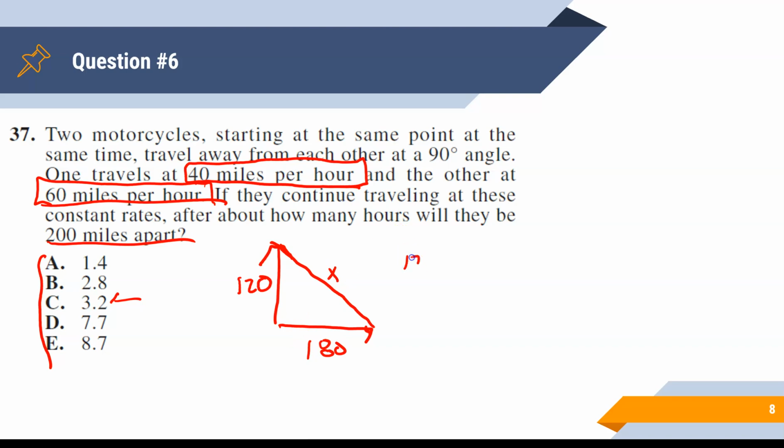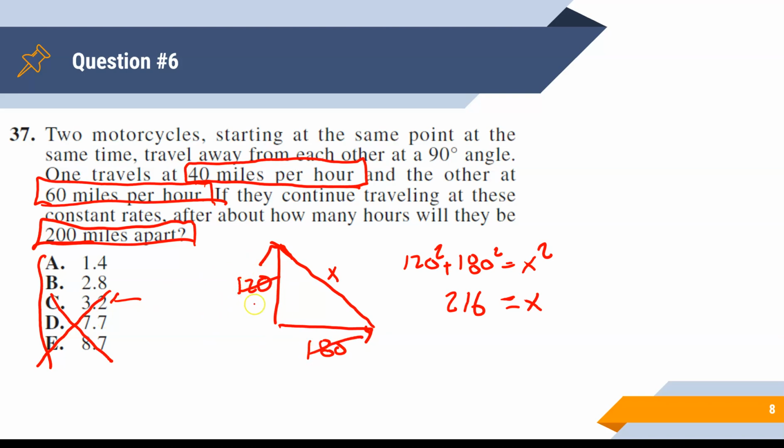Now, if we do Pythagorean theorem on this, we wind up with x equaling 216 miles. Now, we're trying to find where we're 200 miles apart, so 3 hours was just a little too big. That means so would 3.2, 7.7, and 8.7. So let's try 2 hours instead.